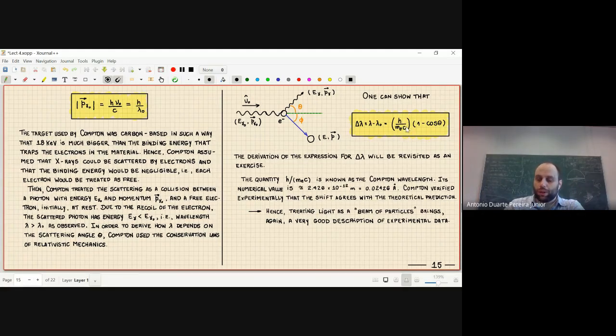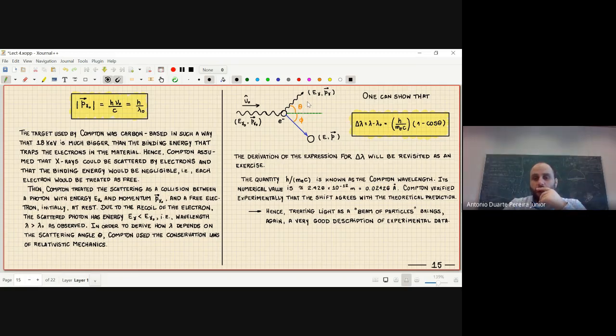So the only chance that this product can be 0 is if 1 minus cosine theta is 0. In other words, cosine of theta must be 1. If so, it means that the scattering angle, the scattering angle of the photon, is just 0.